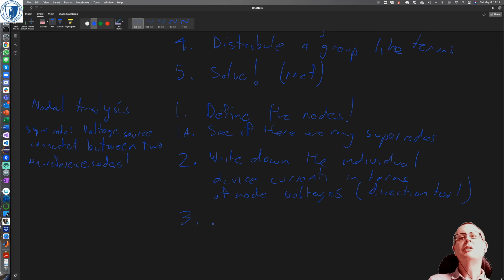Then we can write down KCL equations. And if there's a supernode, then we have a KCL for the supernode and then a KVL for the voltage source.